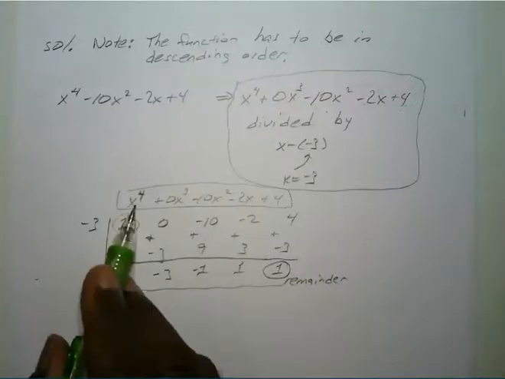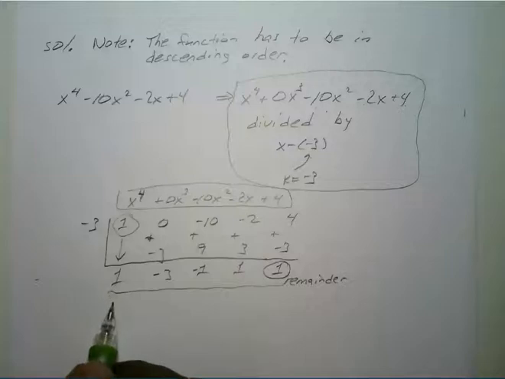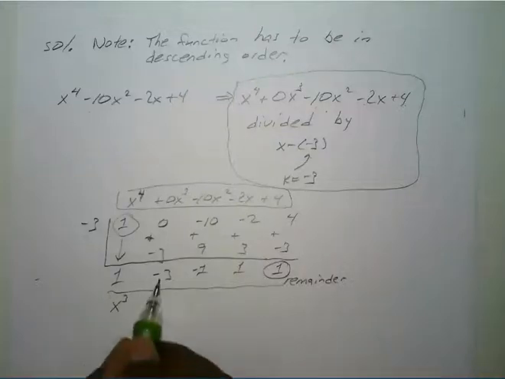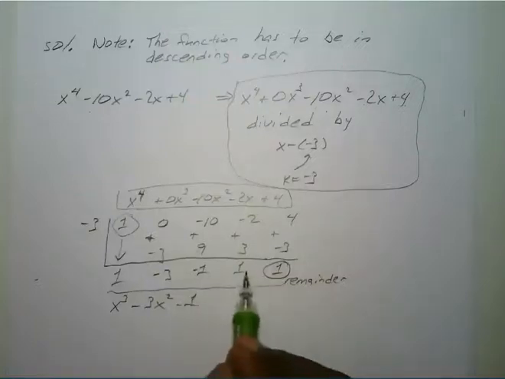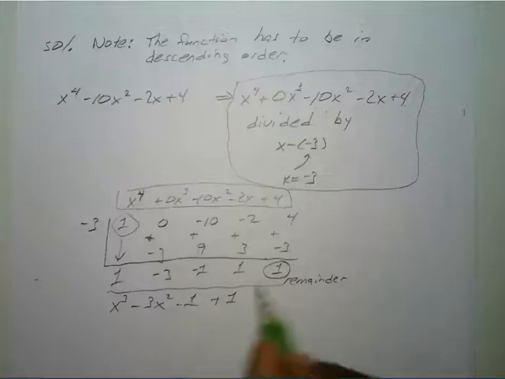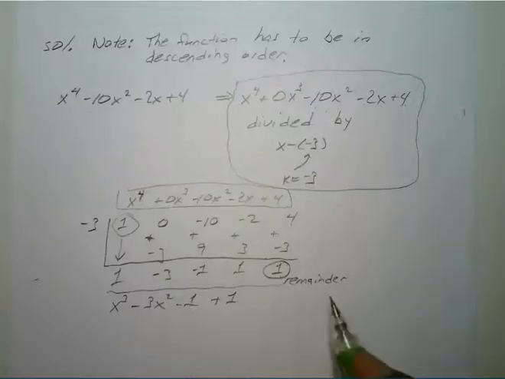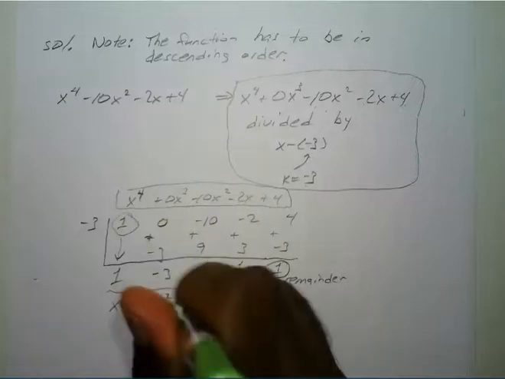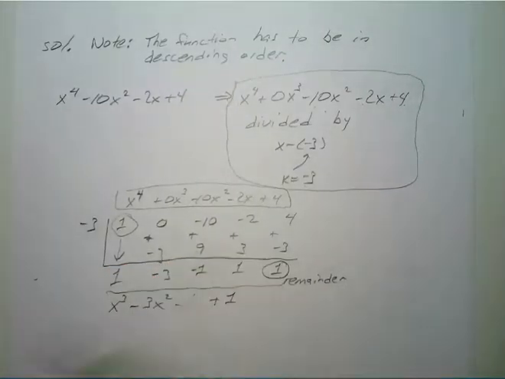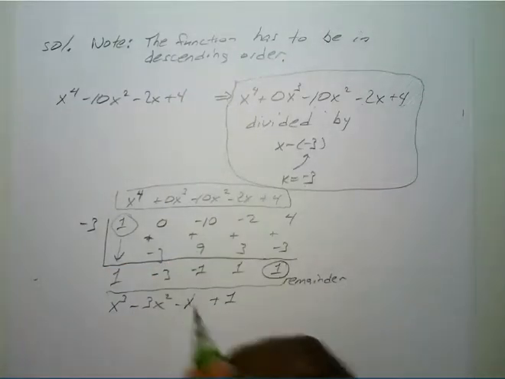So if we start off at x to the fourth, this is 1x to the third, or just x to the third, minus 3x squared, minus 1, with remainder, or plus 1 with remainder of 1. Oh, minus x. Sorry about that. Minus 1x. So that should be, there we go. Knew something didn't look right.